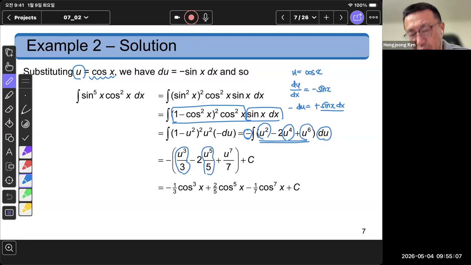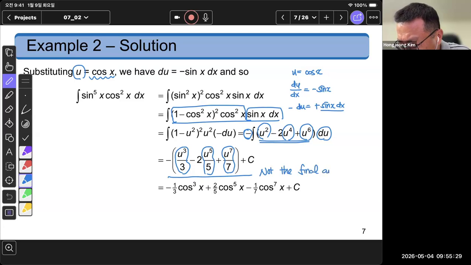And u to the sixth is integrated to become 1/7 times u to the seventh. So we get this. Once you get this form, that is not the final answer yet. So please note that this is not the final answer yet.